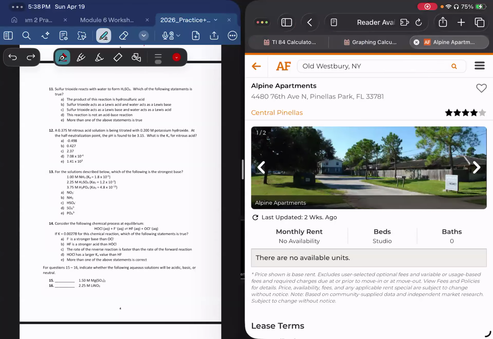And then let's see this. Sulfur trioxide acts as a Lewis acid and water as a Lewis base. Let's look at that. Sulfur is probably forming three bonds, while also having a lone pair there. Well, actually, before I do that, let's count the electrons, right?